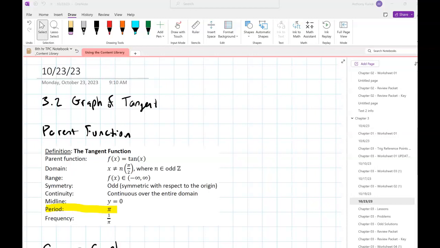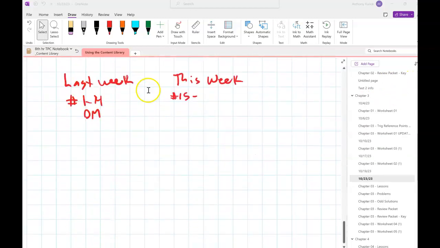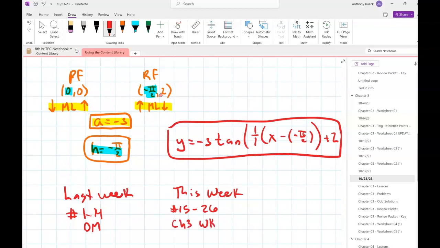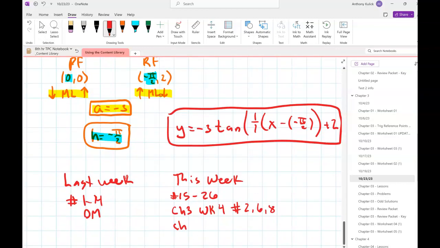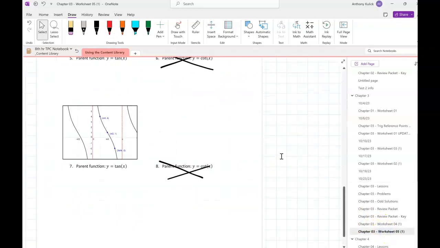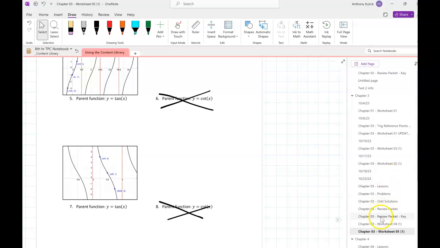Yes, 15 to 26. And I'm going to assign Chapter 3, Worksheet 4, but I'm only going to assign numbers 2, 6, and 8. And Chapter 3, Worksheet 5, but I'm only going to assign numbers, what are those numbers? 5 and 7.